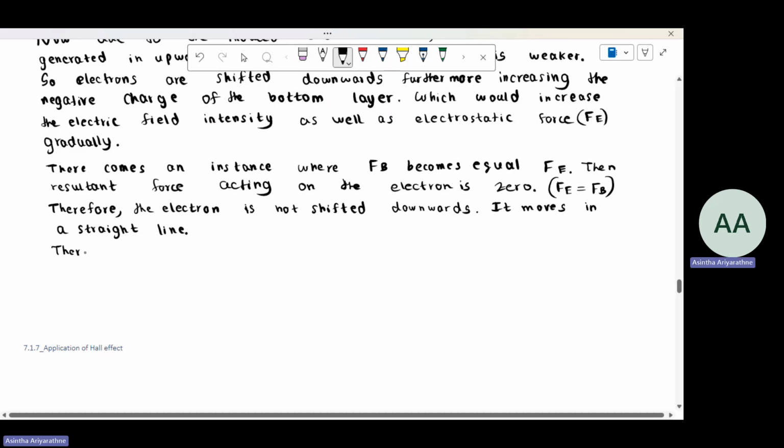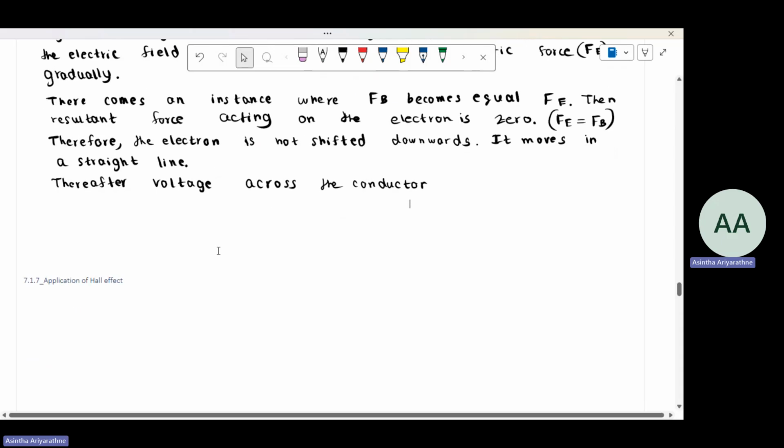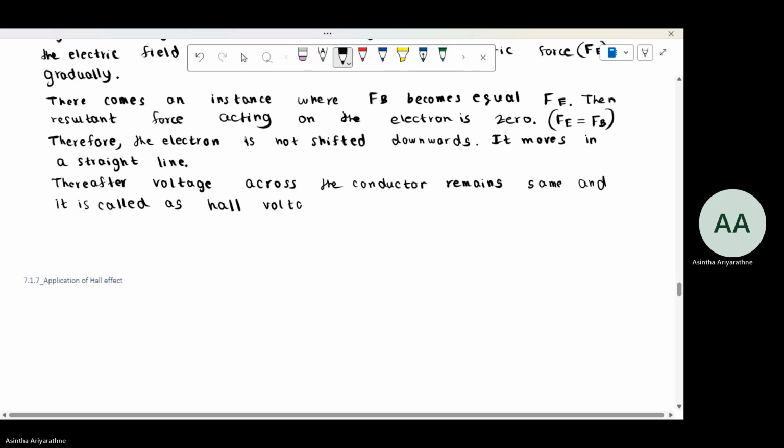Thereafter, the voltage across the conductor remains the same, and it is referred to as the Hall voltage.